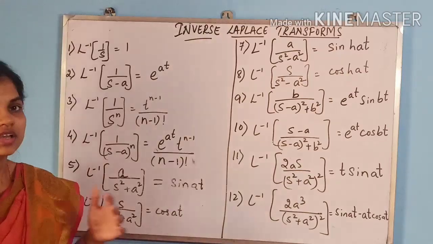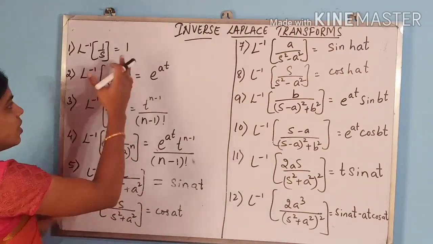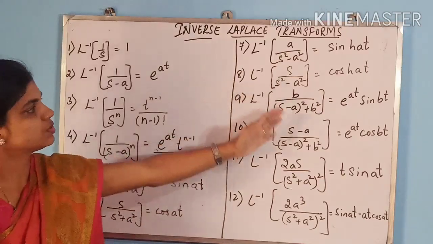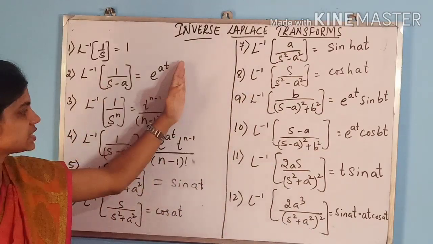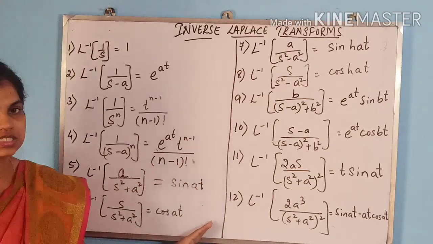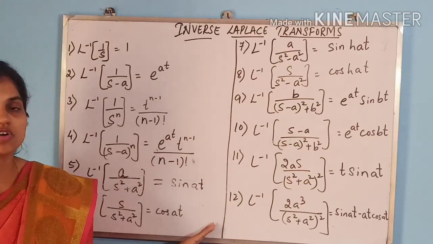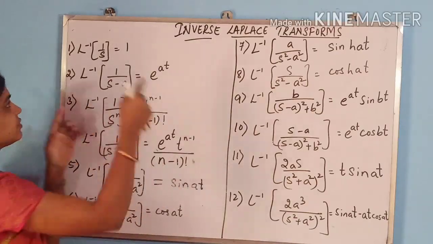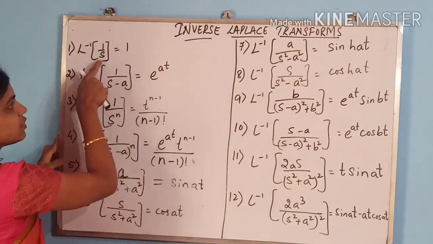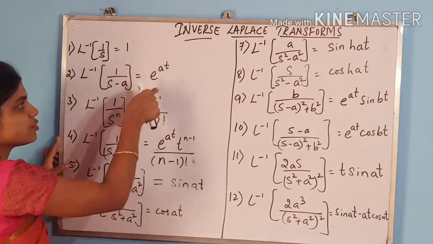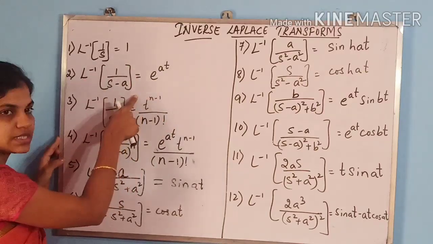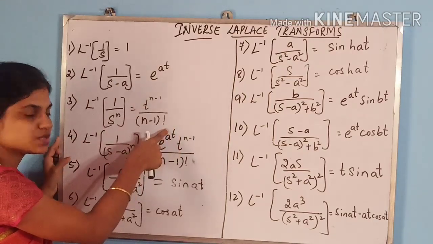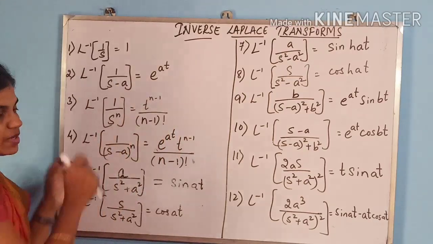If you observe this, all on the left hand side are in s and a and b and so on, whereas on the right hand side they are functions of t. If I take it in reverse, Laplace transform of 1 is 1 by s. Laplace transform of e raised to at is 1 by s minus a. Laplace transform of t raised to n minus 1 by n minus 1 factorial is 1 by s to the power n.